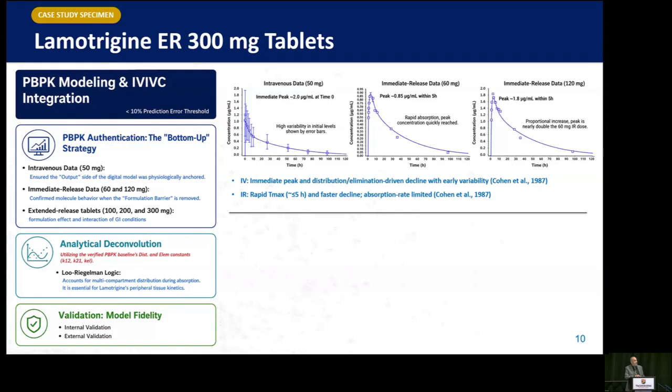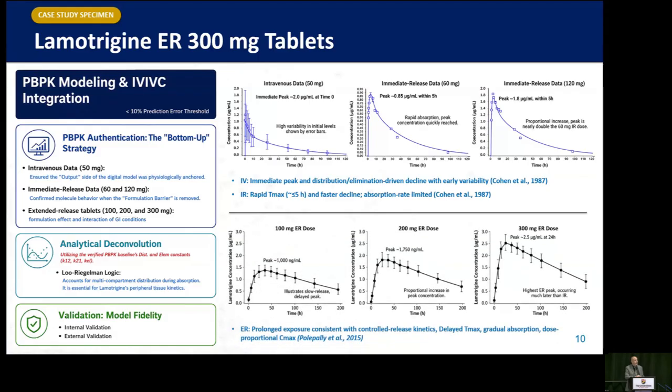And we find that there is some proportionality between the dose strength and the exposure in terms of AUC and Cmax. So we have used this data for the verification of the elimination constant in the PBPK model and the absorption profile from the immediate release data here to work on the extended release profile.